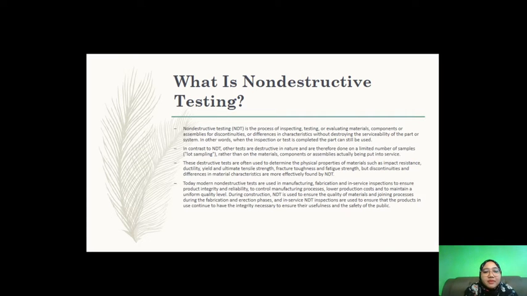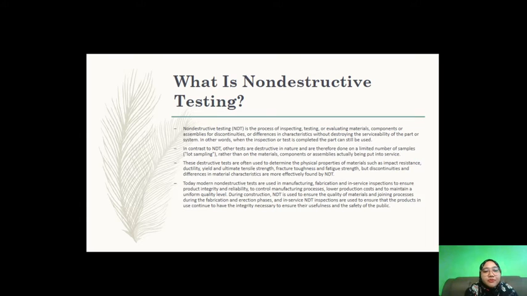These destructive tests are often used to determine the physical properties of materials such as impact resistance, ductility, yield and ultimate tensile strength, fracture toughness and fatigue strength, but discontinuities and differences in materials characteristics are more effectively found by non-destructive testing.